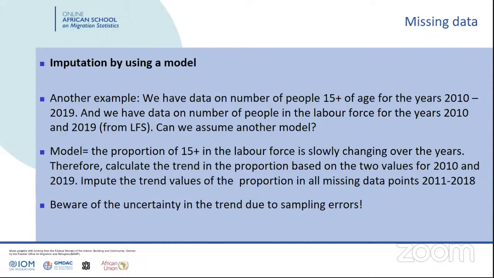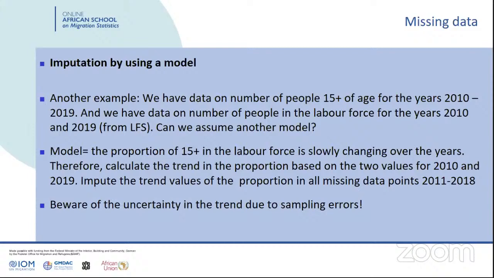So what we do is calculate the trend from 2010 to 2019, and we impute the trend values in the missing data points from 2011 to 2018.